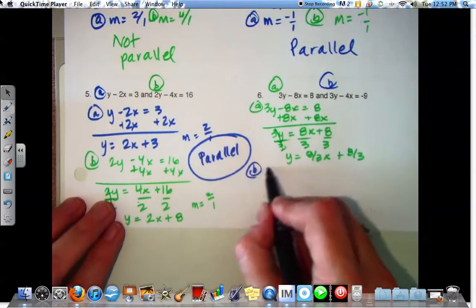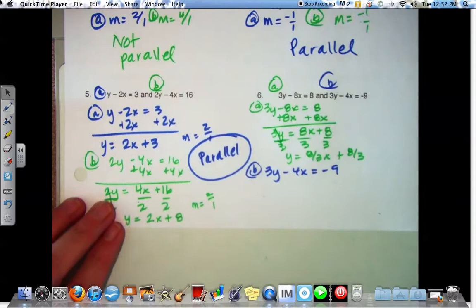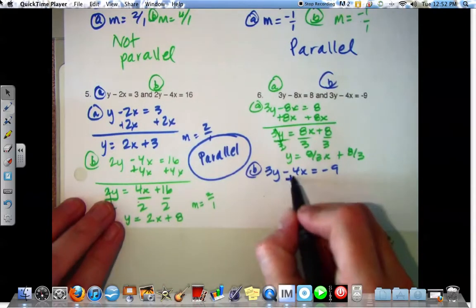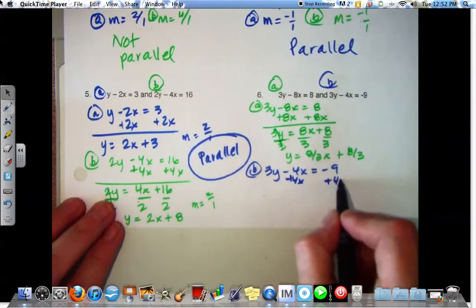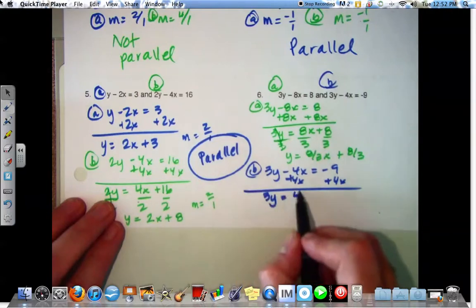And the other equation, 3y minus 4x equals negative 9. What do you want to do? So 3y equals?